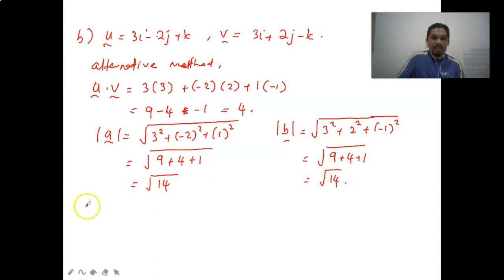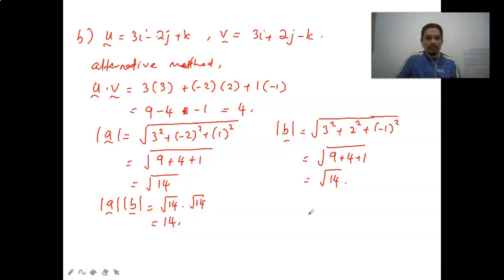So the modulus of U times the modulus of V equals the square root of 14 multiplied by the square root of 14, which is equal to 14.